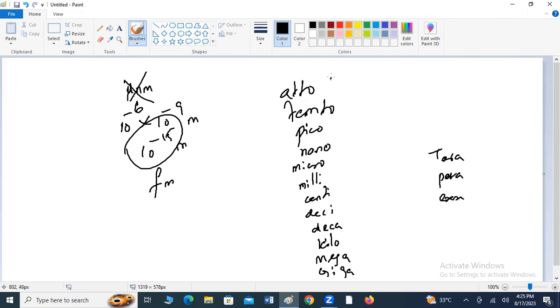They start from negative powers and they reach up to the highest power in the form of positive 10 raised to power 18.